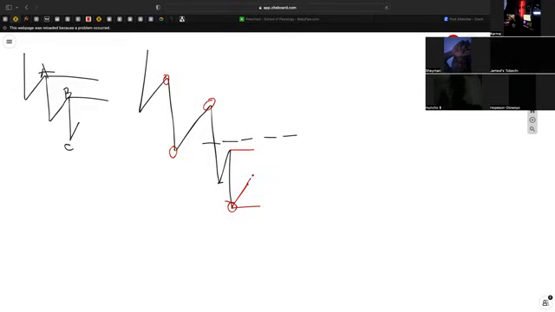Why? If this keeps coming down without completing the rule of a pullback to 50%, we don't have a valid swing high yet. So this is still our swing high, and everything happening here is what we call the range structure.